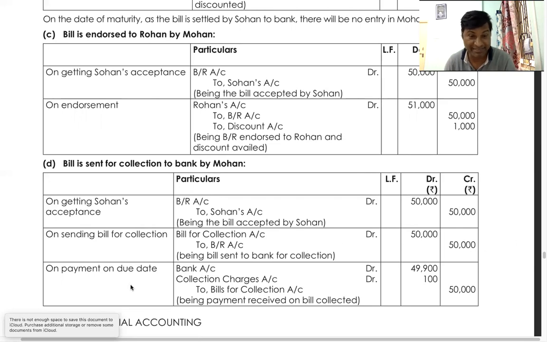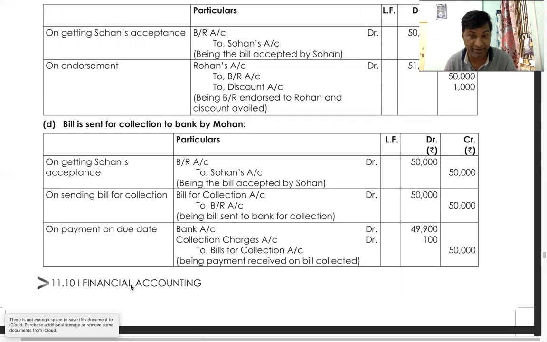When the payment is received from the bank on the bill, the bank says I had to get some commission or charge. That charge for the collection is 1,000.